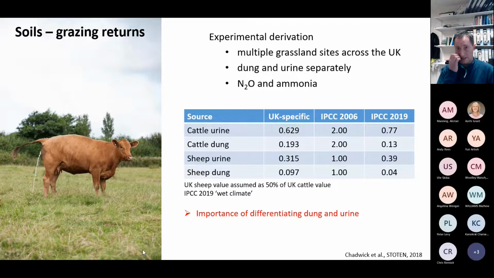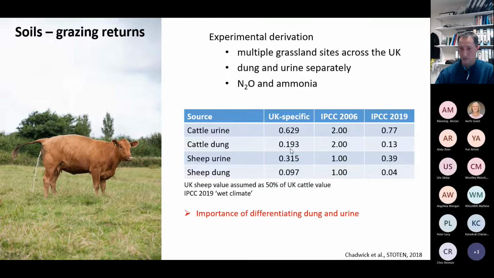Moving on to grazing returns. Again, we collected urine and dung, and we did small plot experiments at lots of different grassland sites across the UK. And again, we made measurements of nitrous oxide and ammonia emissions. We only used cattle urine and cattle dung.